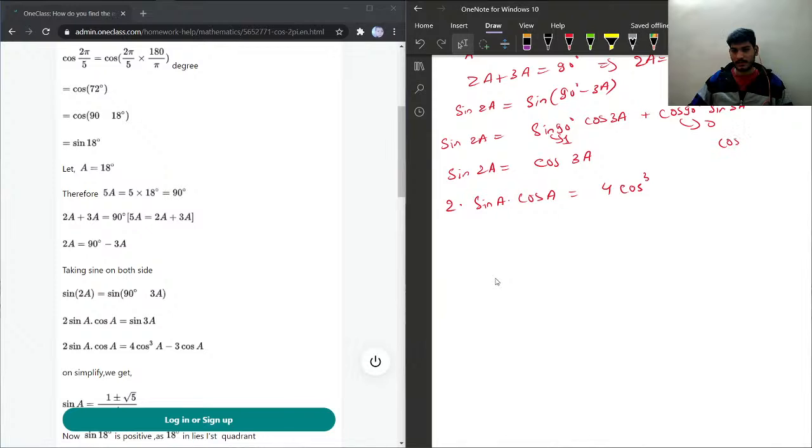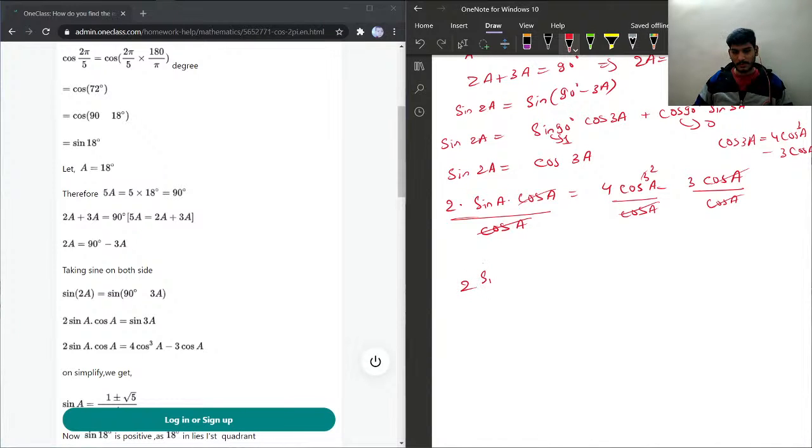So basically cos 3A is 4 cos cube A minus 3 cos A. Now I'll divide both the sides with cos A. So this will get cancelled, this will become square, and this will get cancelled.